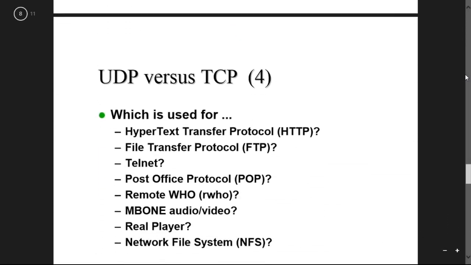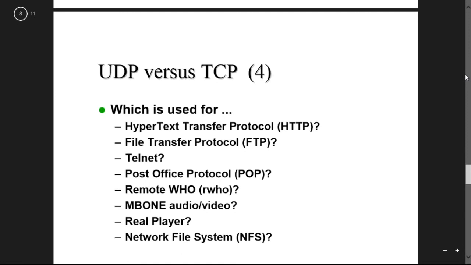Now this is the fourth point: what is it used for? Hypertext transfer protocol, file transfer protocol, telnet, post office protocol. These are different application protocols. You have to decide which protocol is actually being used.